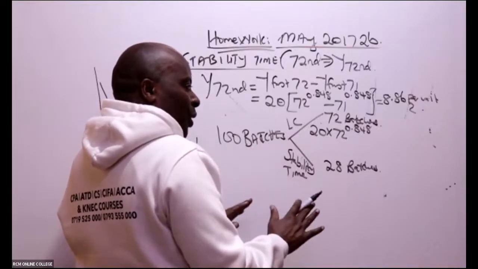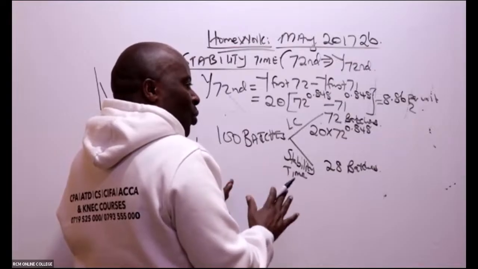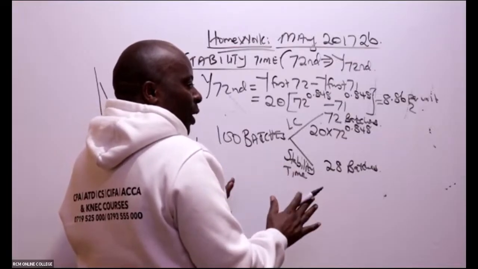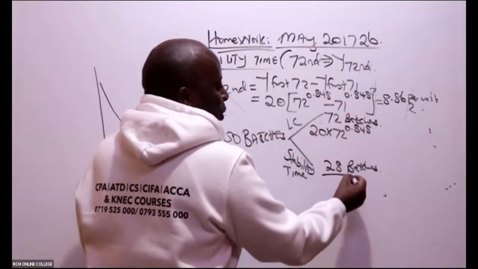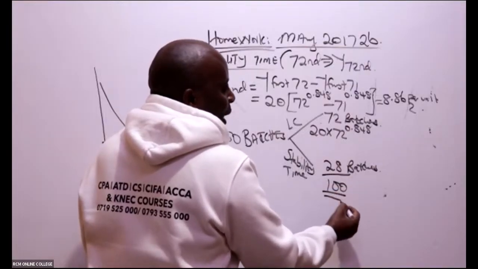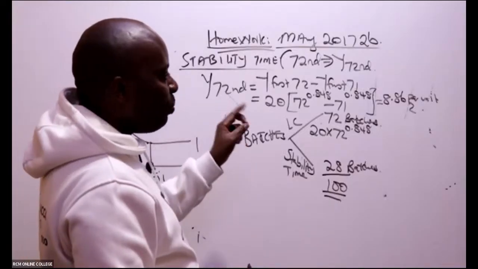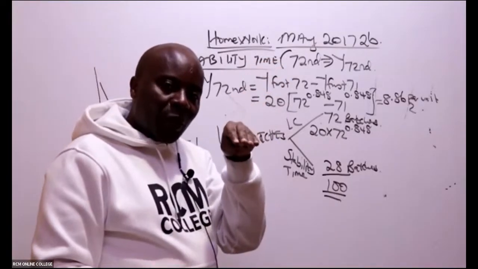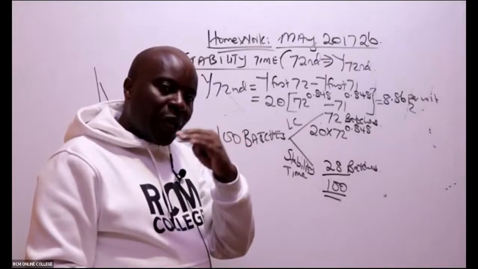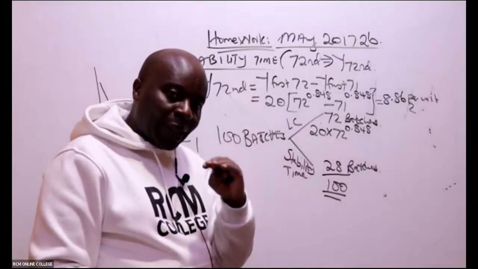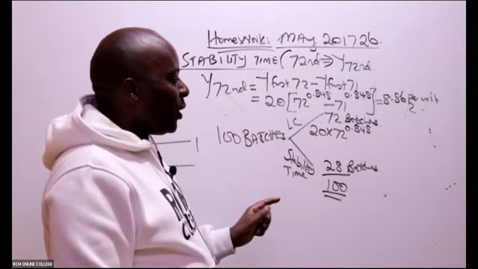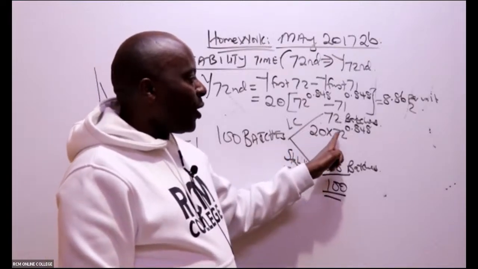Where did I get the 28 from? Because all the batches must add up to 100. So until we stabilize, we use the learning curve equation to predict. So we have 20 times 72 raised to 0.848.